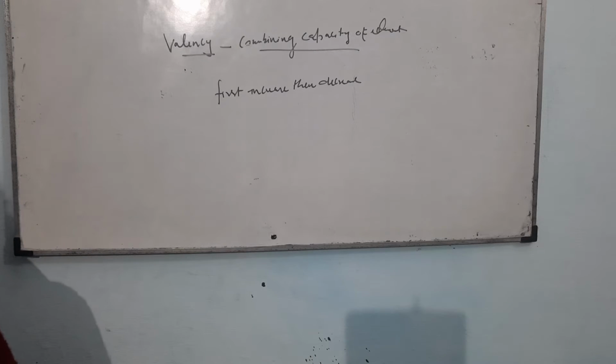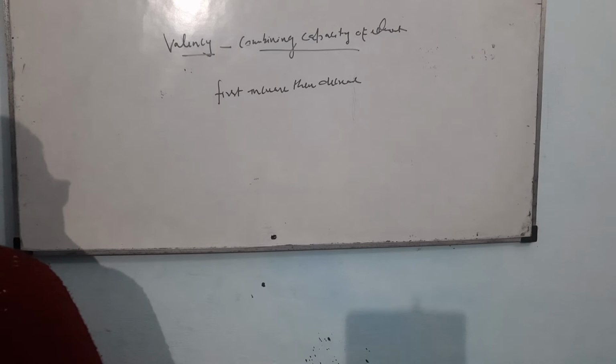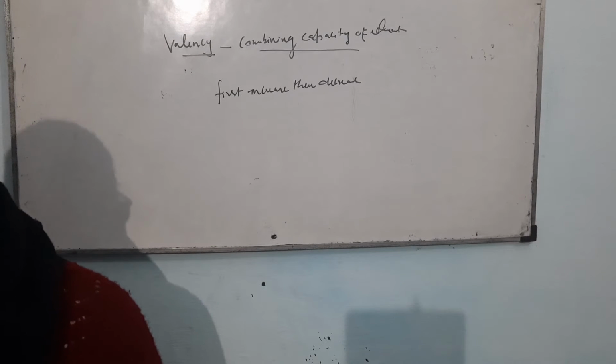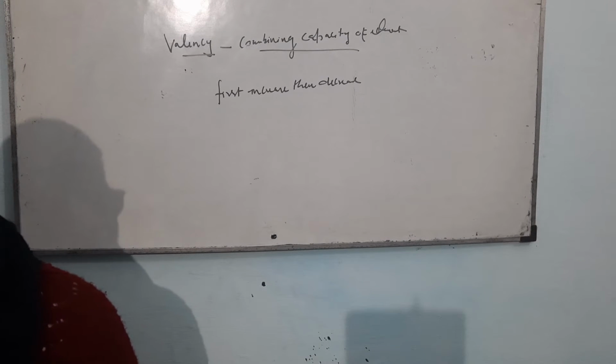But when we move in a group, the valency remains the same, because a group has the same number of valence electrons.